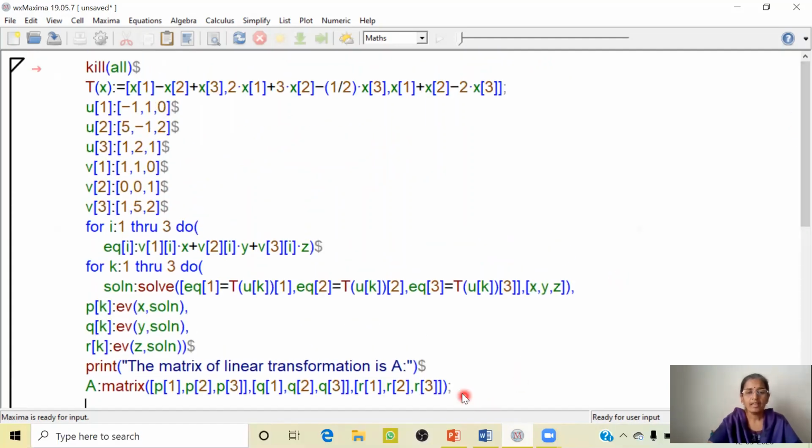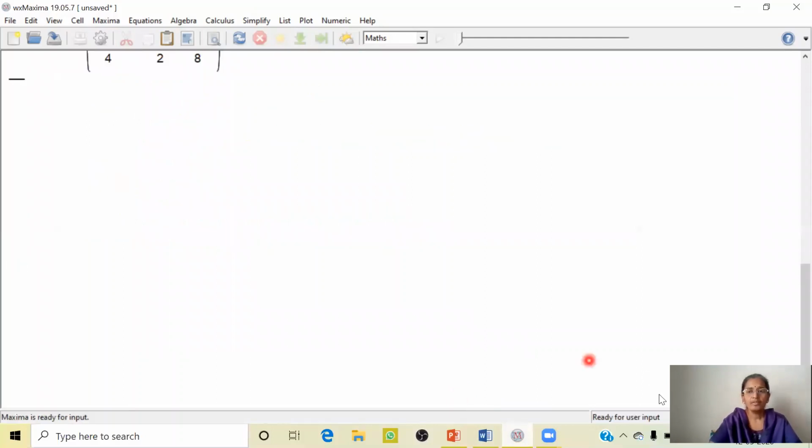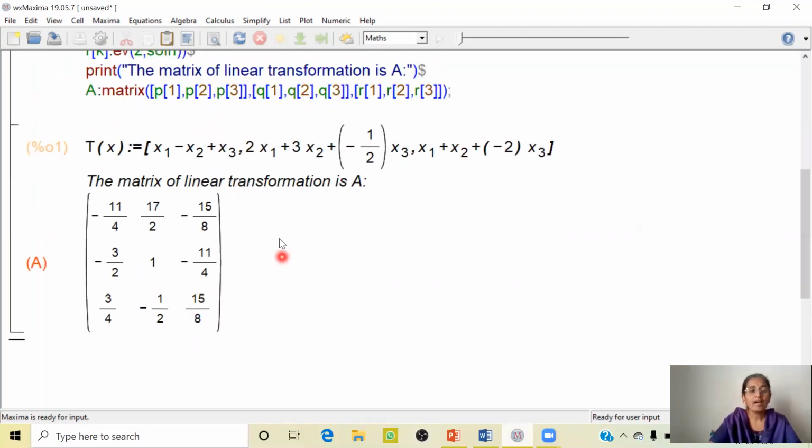So now let us execute this using Shift Enter. So when you use Shift Enter, you are going to get the output as such. So here we have the linear transformation given, and this will be the matrix of linear transformation. And this is nothing but the solution which we got through manual calculation.